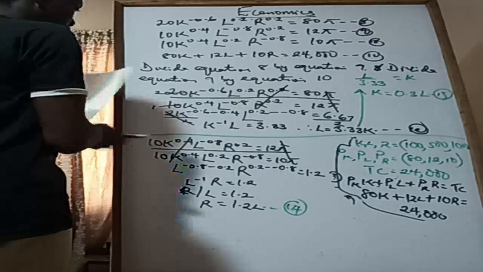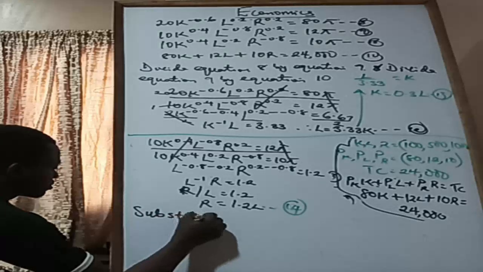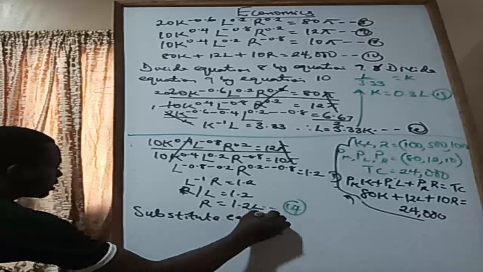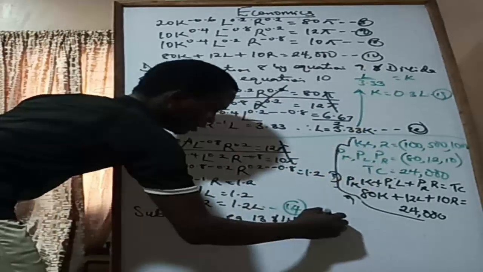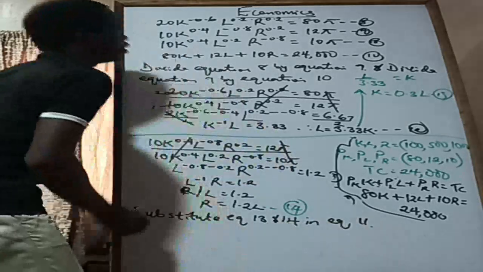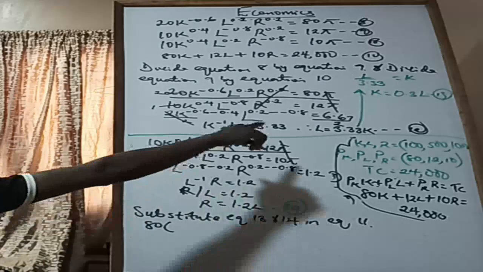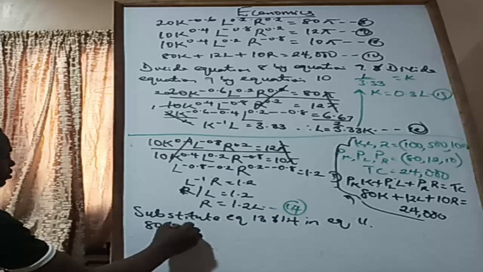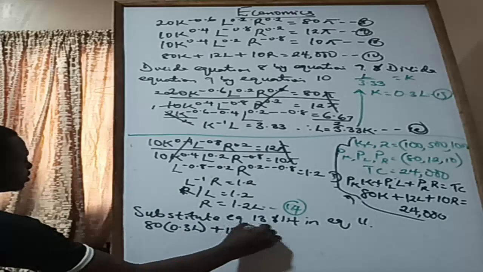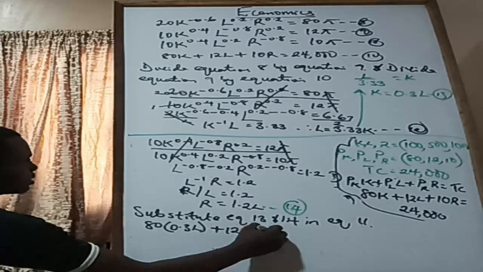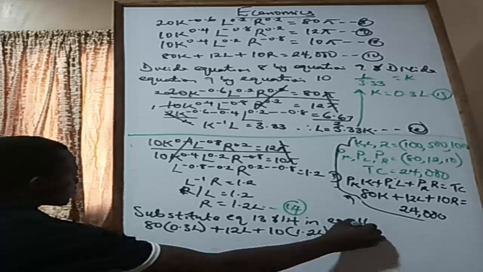Substitute equation 13 and 14 in equation 11. So what is that going to give us? I have 80 into brackets, K has been expressed in terms of L, so I have 0.3L, then plus 12L, then plus 10 into brackets 1.2L, everything is 24,000.